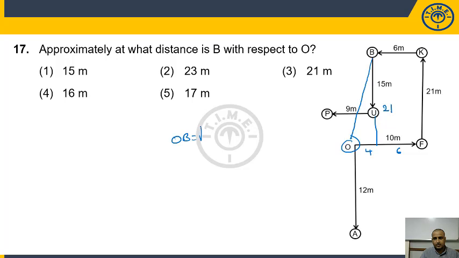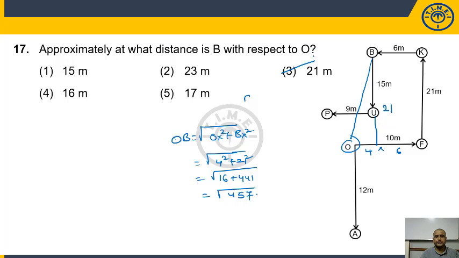OB is equal to under root of OX square plus BX square, where X is this point. OX is 4 and BX is 21. 16 plus 441, which is under root of 457. Again it can be taken as 21. Choice 3. Approximate distance is 21.